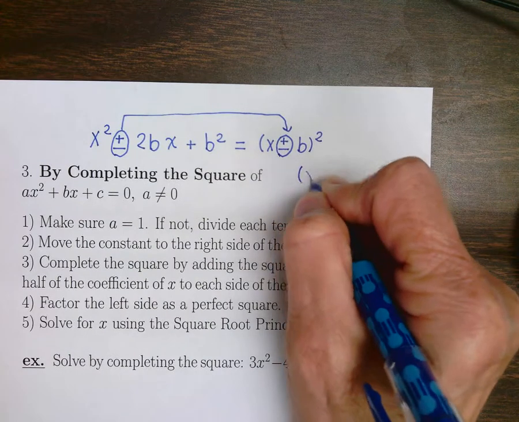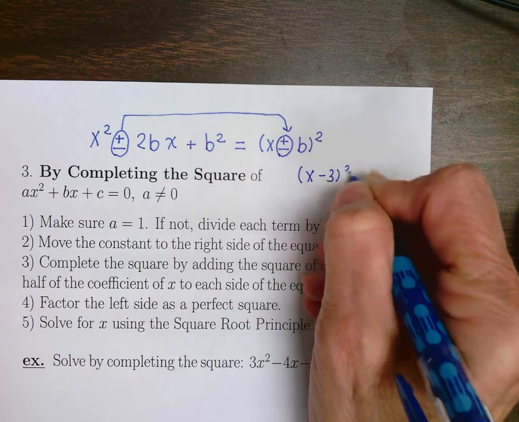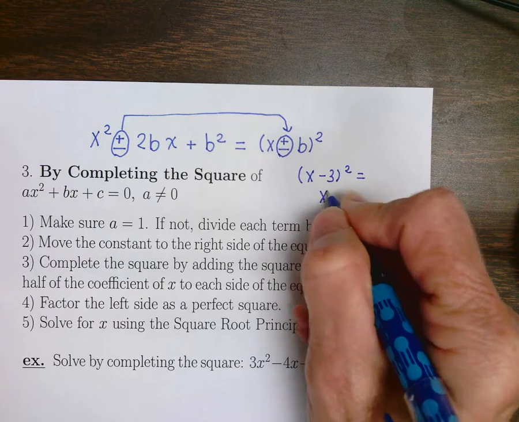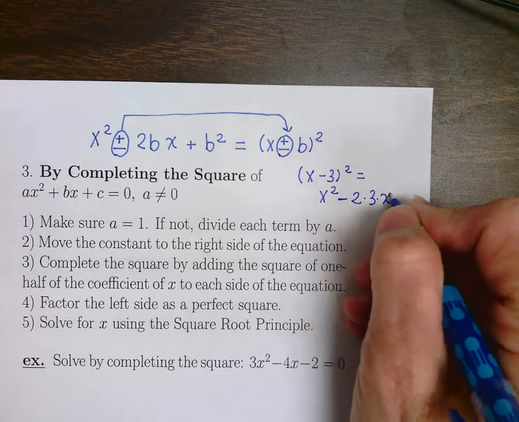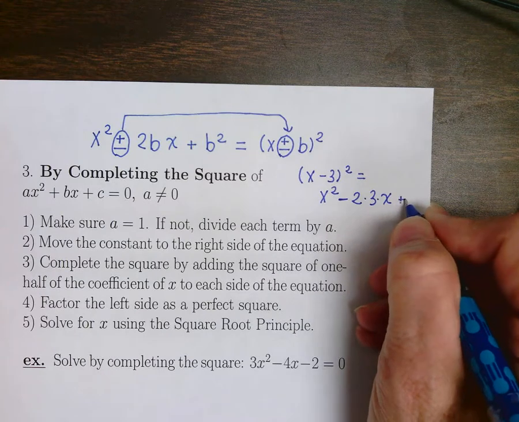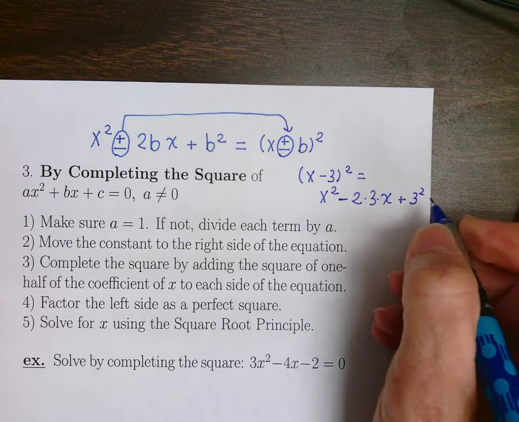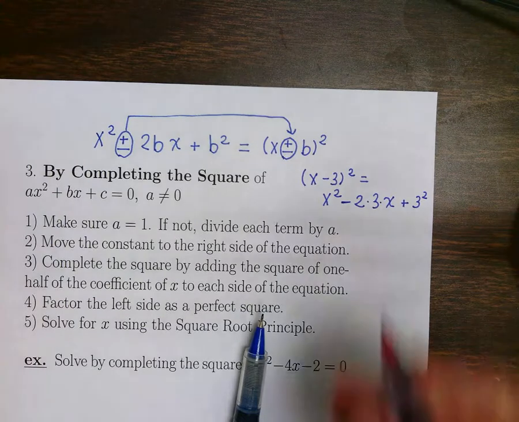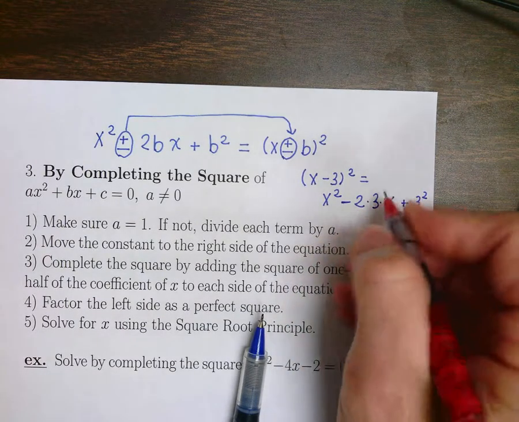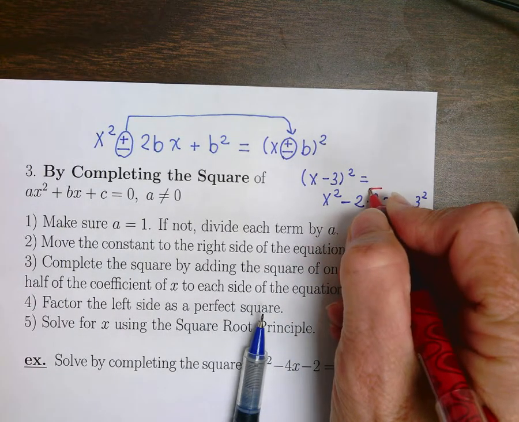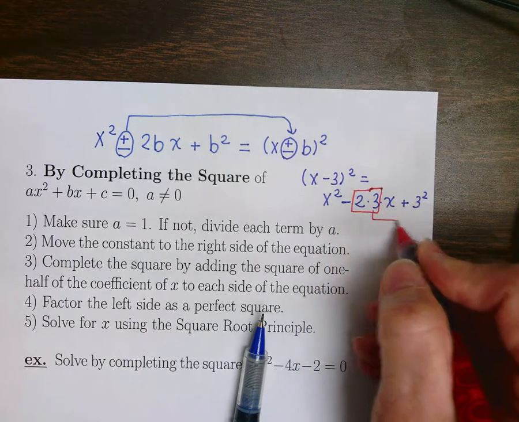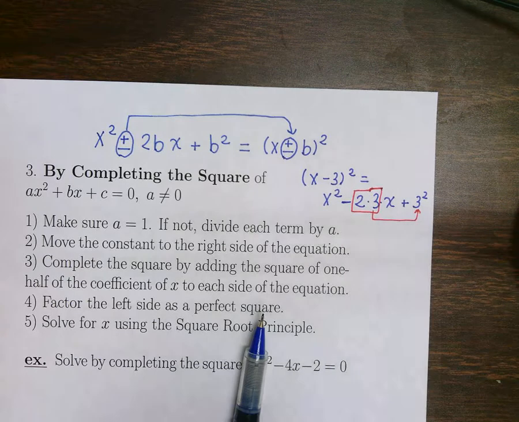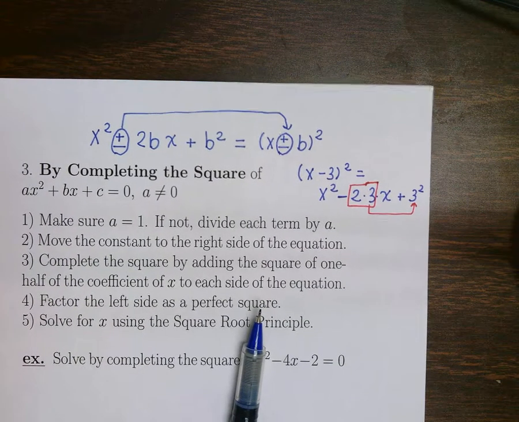For example, if I just do x minus 3 squared, quickly, what do I get? x squared minus 2 times 3 times x and plus 3 squared. Now if I think of reversing that process and going backwards, notice what that middle term looks like. It's 2 times the coefficient that is squared and added.